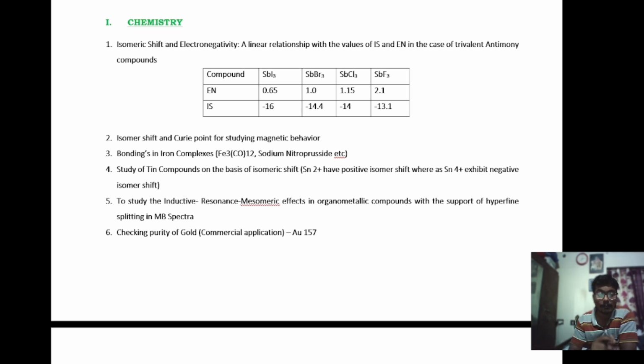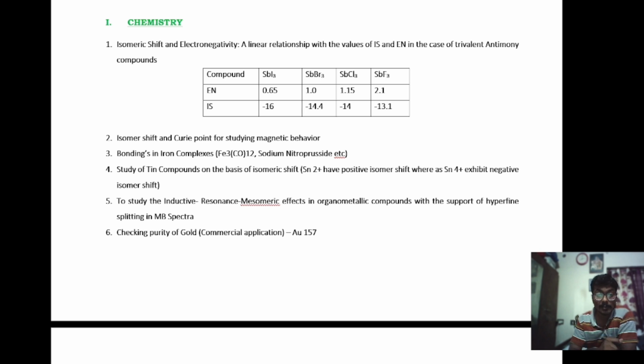Okay, the first application is isomer shift and electronegativity. In the case of antimony trivalent compounds, there is a linear relationship between the value of isomer shift and the electronegativity. See the table itself, which makes it evident. You all know that fluorine possesses very high electronegativity, the tendency to accept electrons towards itself.